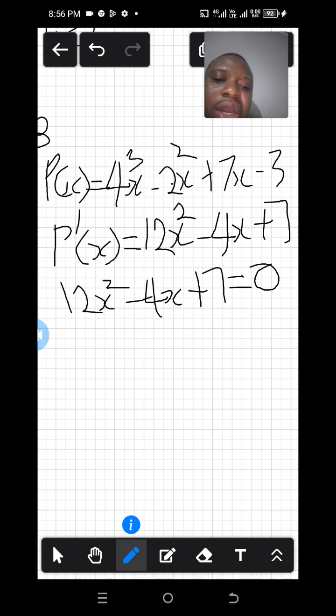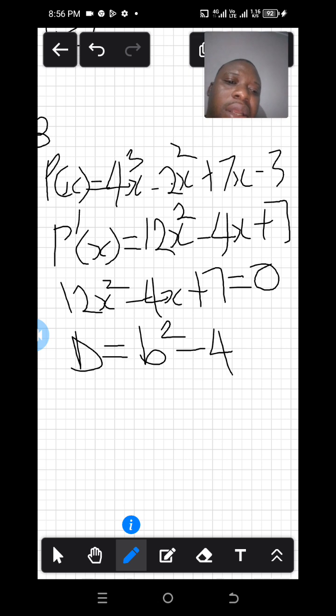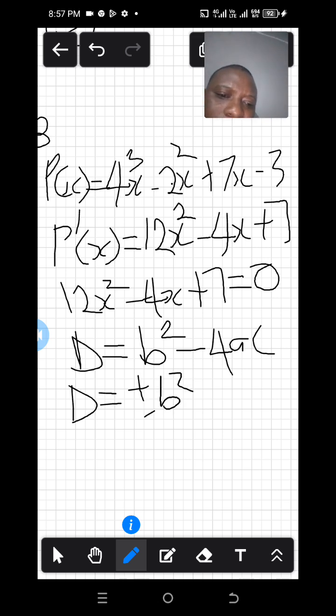The formula of the discriminant is b squared minus 4ac. If D, the discriminant, is positive, that is b squared minus 4ac is greater than 0, we have two distinct solutions.